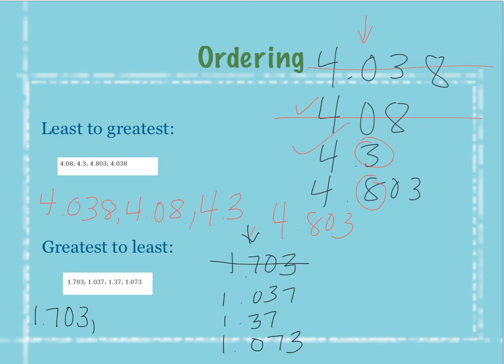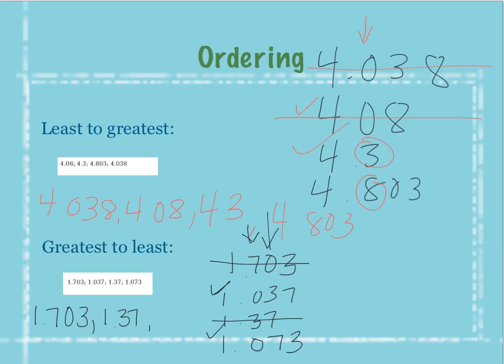Then the next one would have to be 1 and 37 hundredths, because the 3 is greater than both the zeros. And then next I look at these two, 1 and 37 thousandths and then 1 and 73 thousandths. And they both have zeros in the tenths place. Well, now I have to move over to the hundredths place so I can see which one is greater than the other.